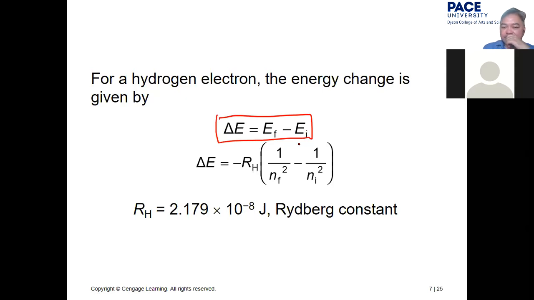Or if you're going to look at it in terms of the quantum number, you have the Rydberg equation, the Rydberg formula there: the Rydberg constant times 1 over the final quantum number squared minus 1 over the initial quantum number squared.